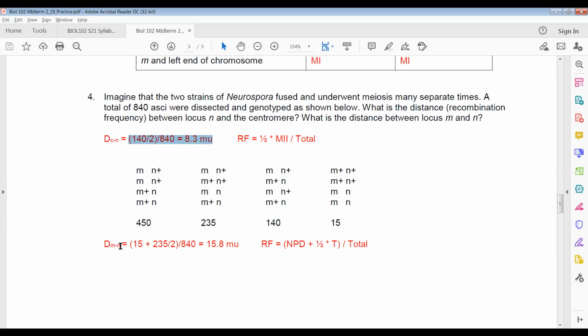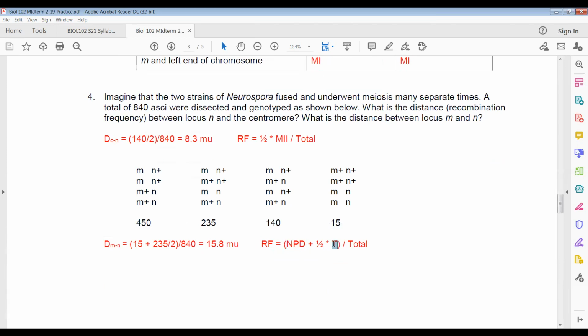So very similar. If we want to calculate the genetic distance between M and N, we use a slightly different formula here. We need to find out the non-parental type, because in the non-parental type, all the progenies represent a crossover. So that's 100%.